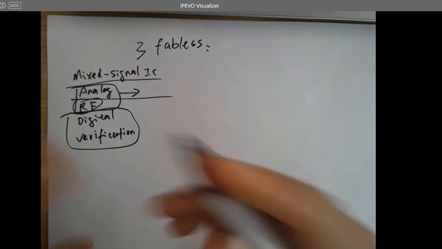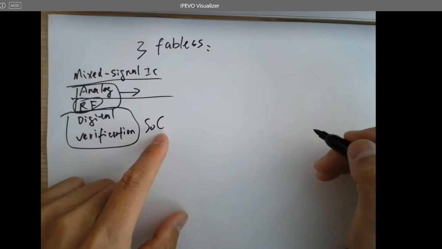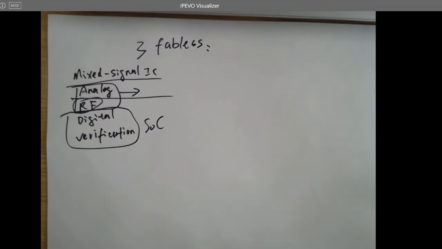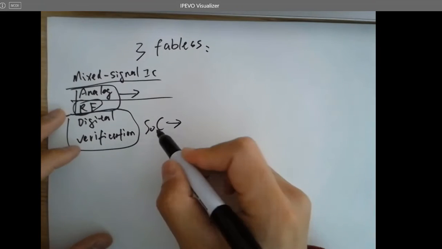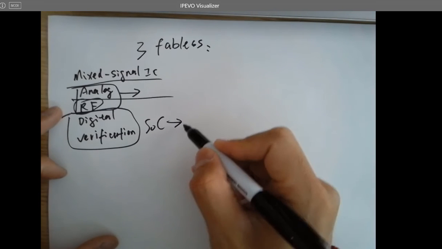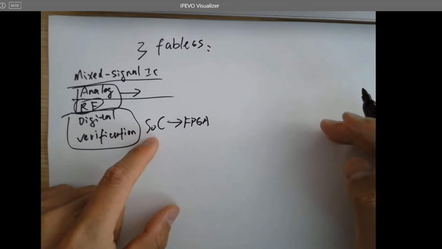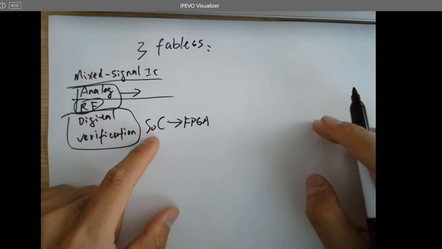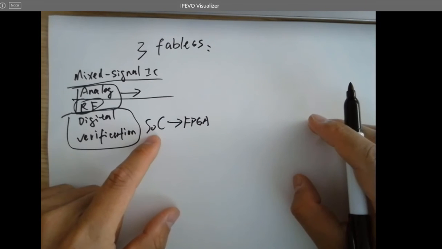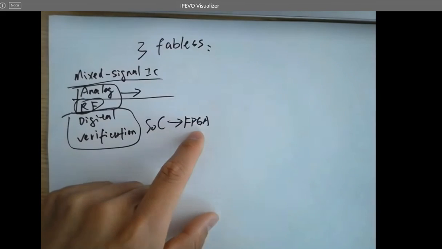Start with SoCs, system on chip, including CPUs, memories, and everything, just digital design. But eventually you can see 80% of the SoC engineers end up with FPGA design. Not too many people can really fabricate their IC chips, and they find that verifying everything on FPGA is super simple, and they can get products much faster.